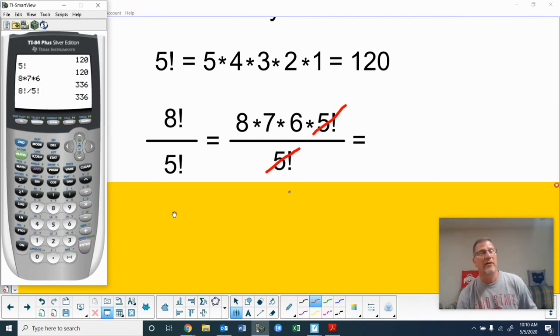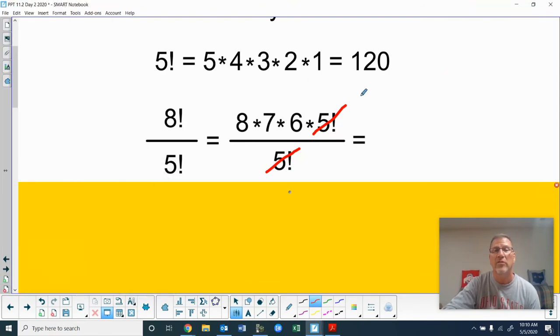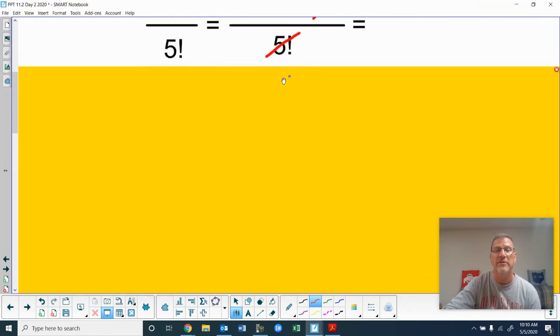Now, if you get more than one number with that factorial sign, you'll probably have to put parentheses around it, so just be aware of that. You'll see that symbol in a problem or two for homework or the quiz and practice quiz.